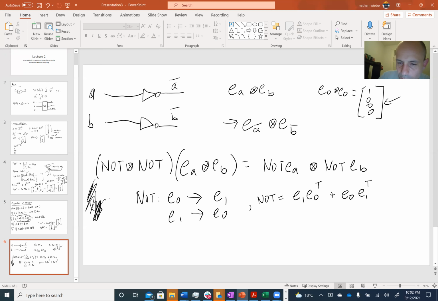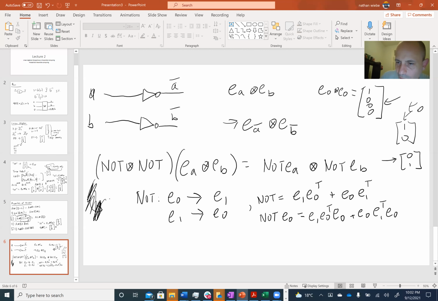And so, for example, if we apply NOT on E0, what we end up getting is E1 E0 transpose E0 plus E0 E1 transpose E0. Of course, these elements are orthogonal, right? This is E0, and E1 is this guy.